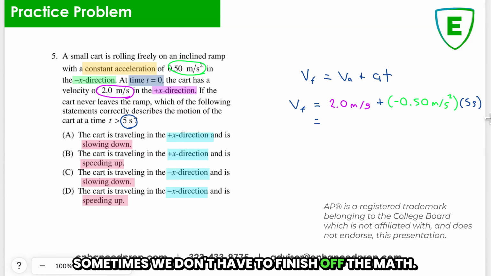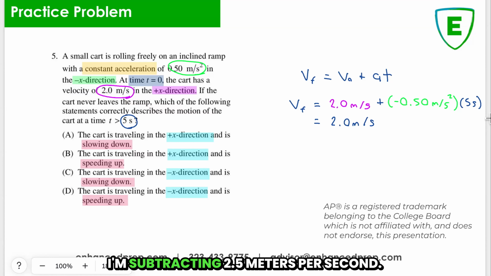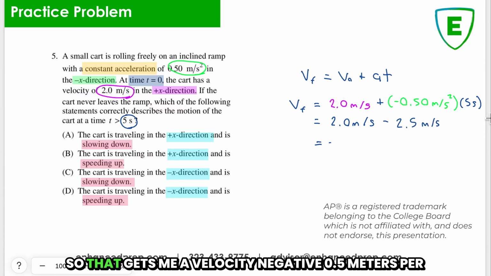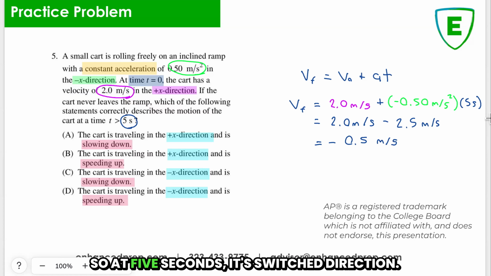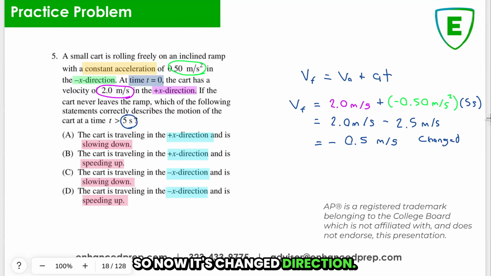Sometimes we don't have to finish off the math. But if I look at this, I'll get my 2.0, and then I'm subtracting 2.5 meters per second. So that gets me a velocity of negative 0.5 meters per second. So at 5 seconds, it's switched direction. So now it's changed direction.